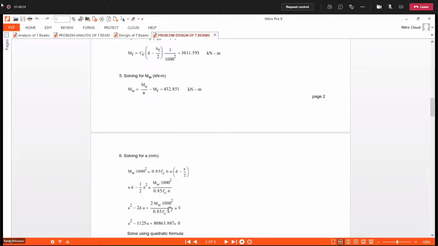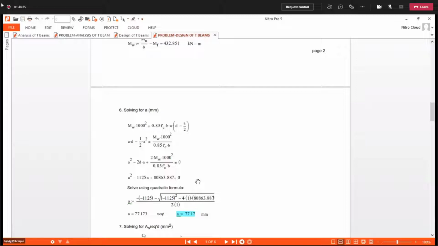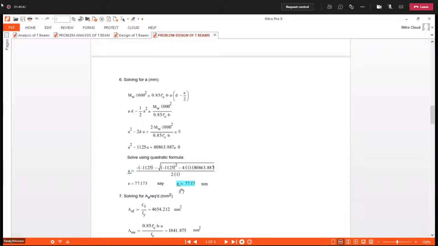For the web. Okay, kita nyo, you just follow the procedure. And then, okay, we will solve for A, the depth of the compression block. So we will create here a quadratic equation. Dito nyo na makikita yung detailed part. Then we will solve for A, and A is 77.17.